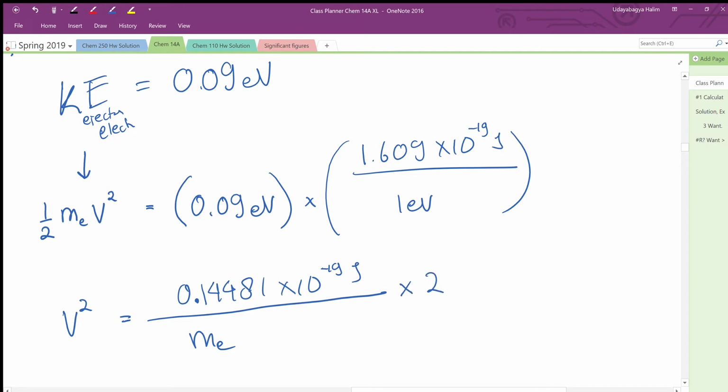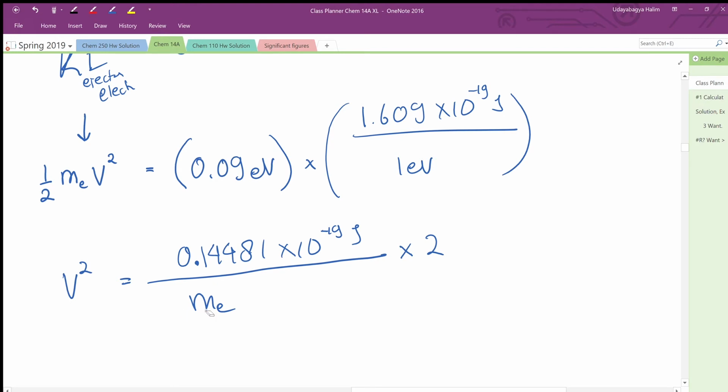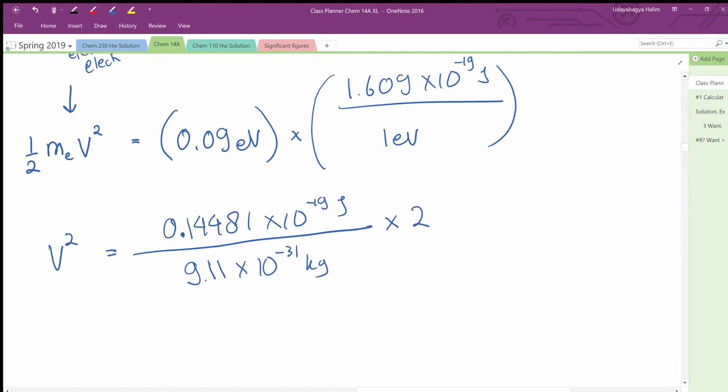It's just a bit of algebra there. If you look at your table of constants, you'll find that the mass of the electron is 9.11 times 10 to the negative 31 kilograms. I'm just going to divide those together now. So you'll find that the velocity squared is equal to 0.03179 times 10 to the negative 19.